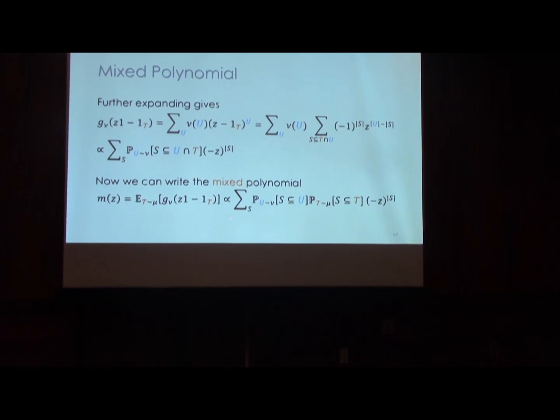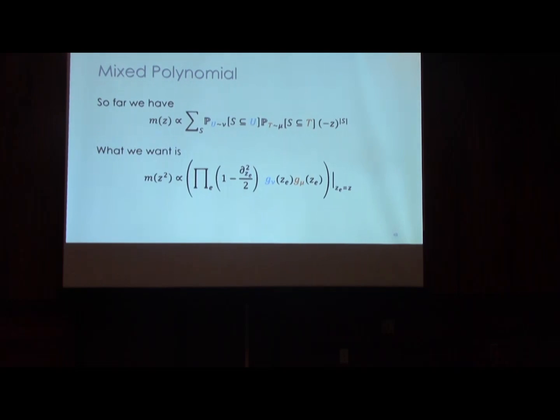Notice that this expression I have here is symmetric in terms of nu and mu. Right? And this was not clear at all when we began with the mixed polynomial. So far I've just proved that the mixed polynomial is proportional to this thing. Okay? But this is ultimately what I want.